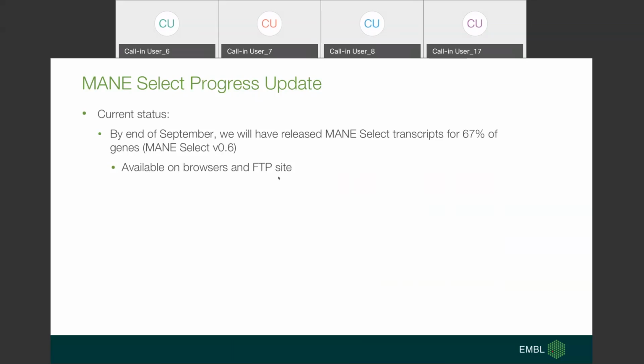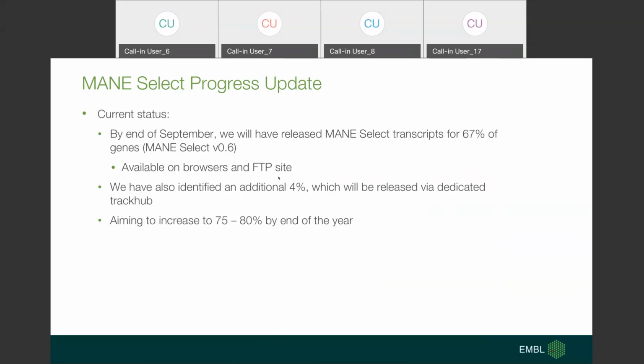In fact, I'm pretty sure by next week, they will be available on all the browsers and on the FTP site. We have also identified an additional 4%, which will be released via a dedicated track hub at the same time as the 0.6 version is released on the browser.